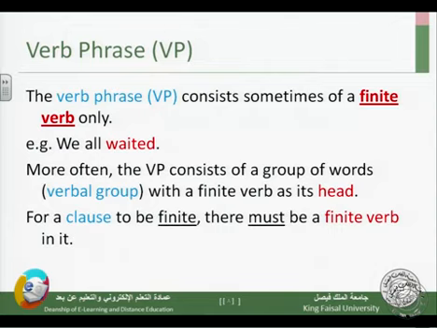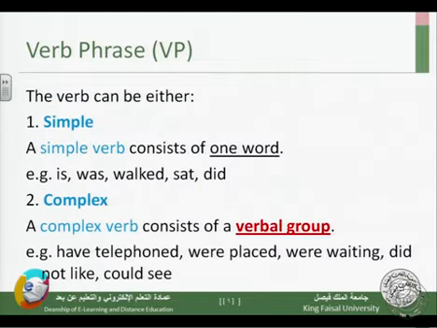So for a clause to be finite, there must be a finite verb in it. So if you want the clause to be finite, we need to have a finite verb in it. And if you want a complete sentence, we must have a finite clause. Okay, so a complete sentence must have a finite clause, and a finite clause must have a finite verb.